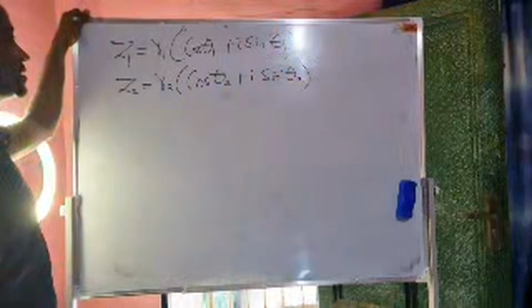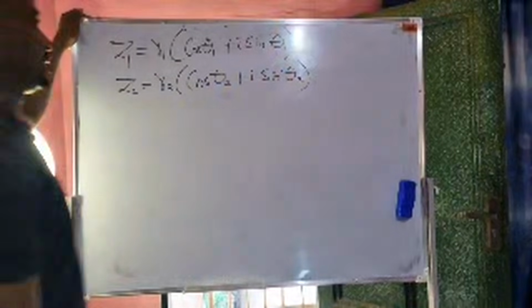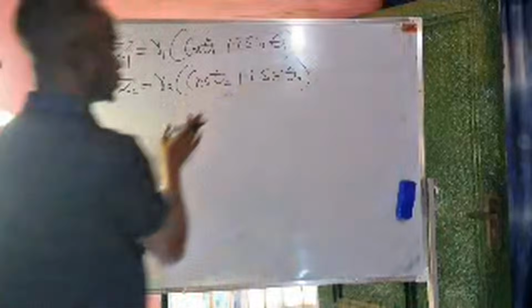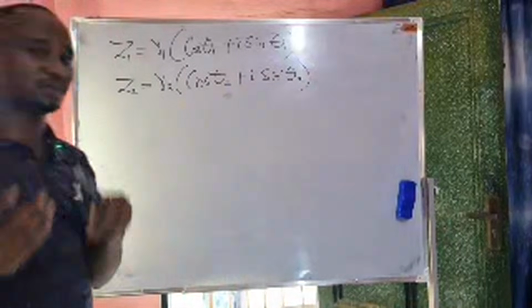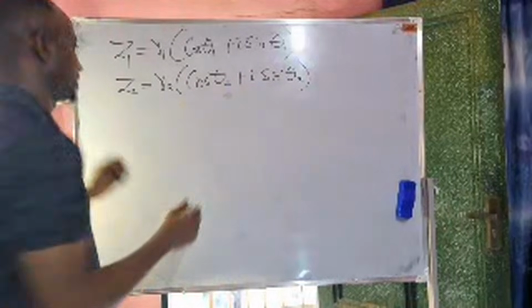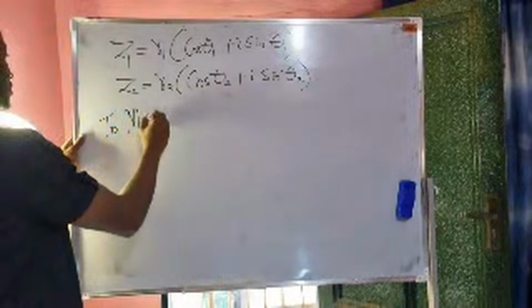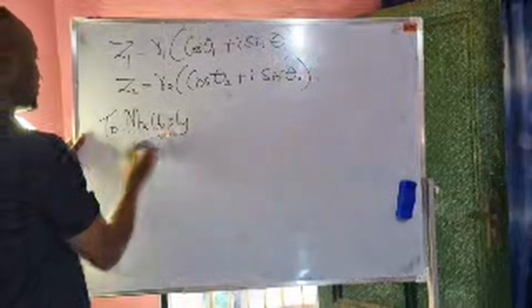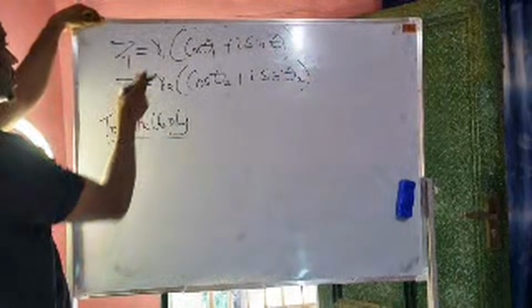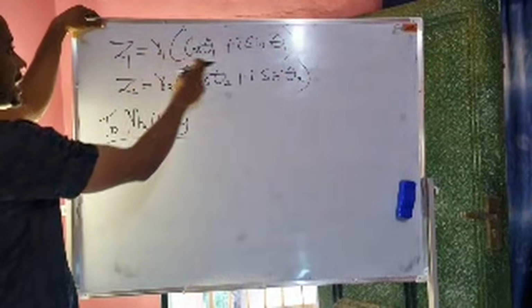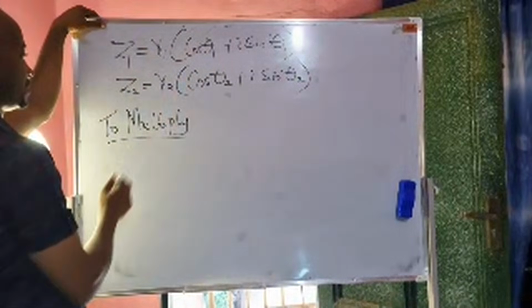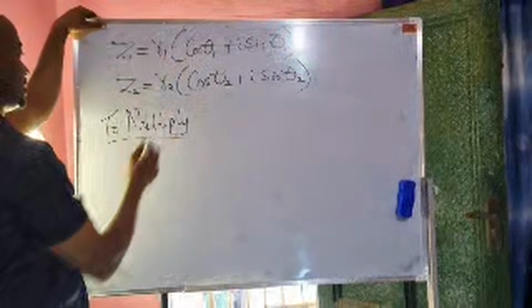I will use this example to explain both multiplication and division. To multiply, the principle here is that I'll multiply the R's and add up the angles.